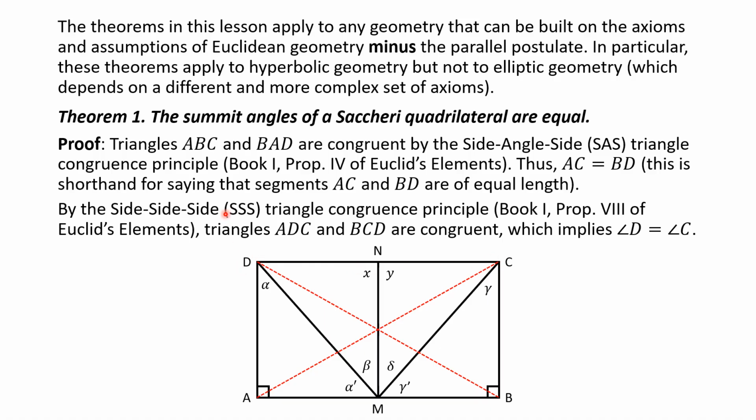By side-side-side, because we just showed that the diagonals were the same, and we know that they both share the same summit, same top here, and these two arms are the same. So these two triangles are congruent by side-side-side, but then that gives us what we need, because it says that this angle D is congruent to this angle C, and that's what we wanted to prove, that the two summit angles are the same.